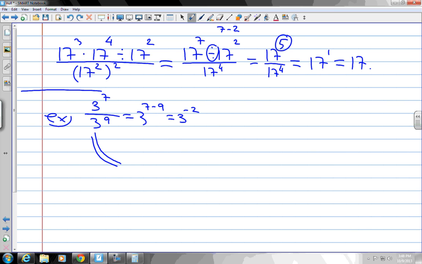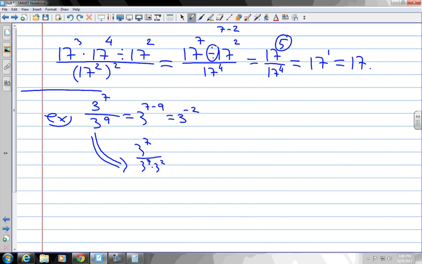Now, let's look at that. Let's try a different approach. Can I reduce this fraction? Because look, don't write this down, but I can think of 3 to the power 9 as 3 to the power 7 times 3 squared. Do you agree with that? That my denominator is still 3 to the power 9?